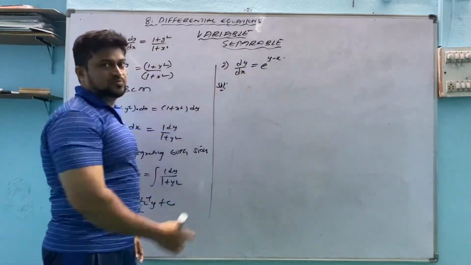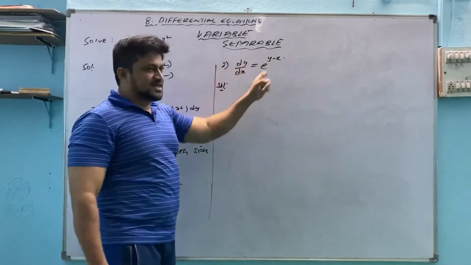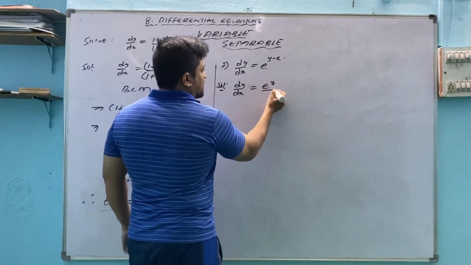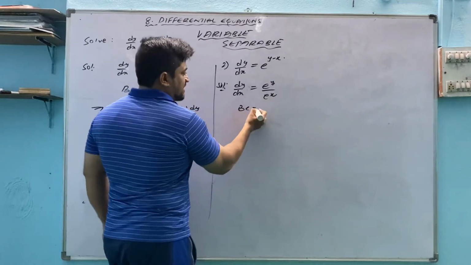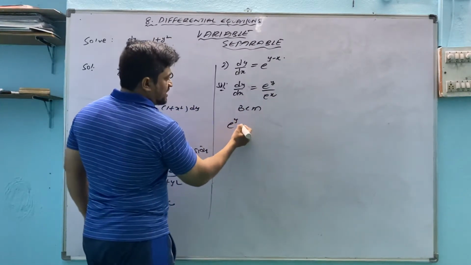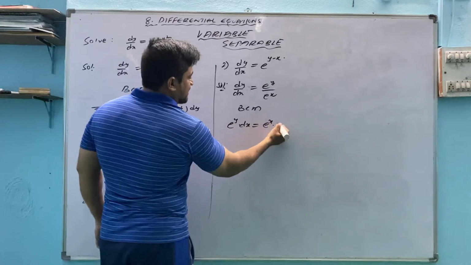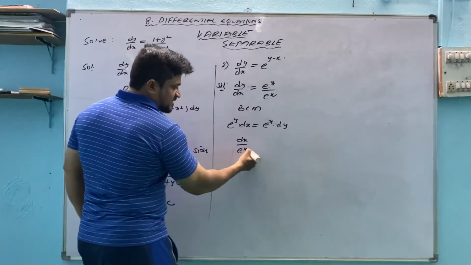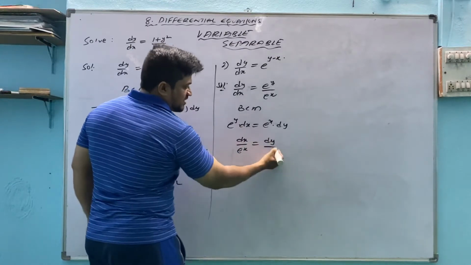When e has two powers, a minus n, split down that value, e power y by e power x, by cross multiplication. e power y into dx equals e power x into dy. This e power x comes here with dx, dy is there, e power y goes there.